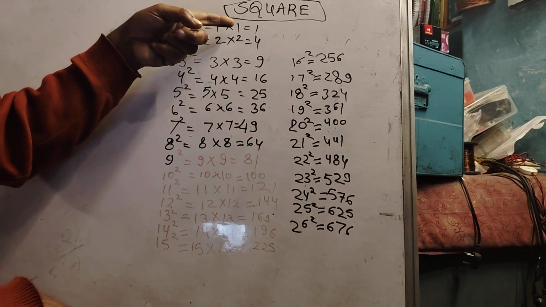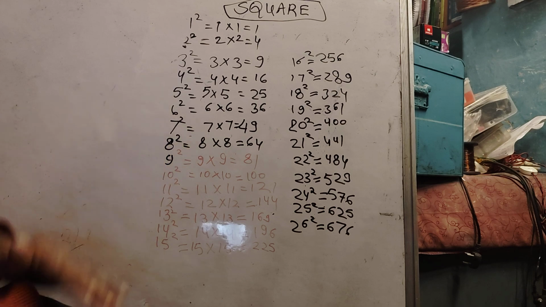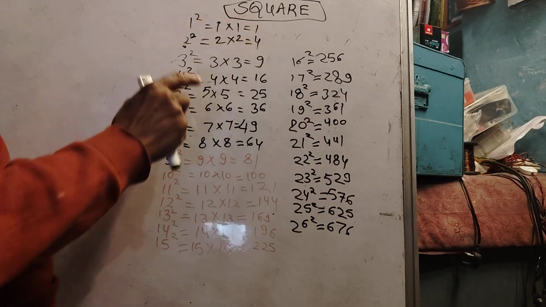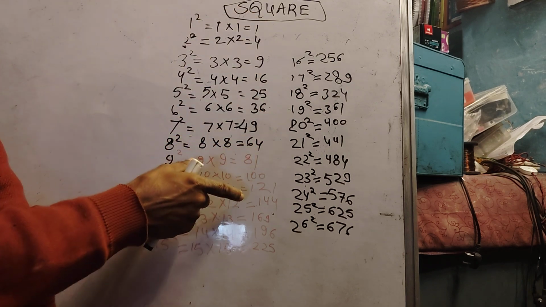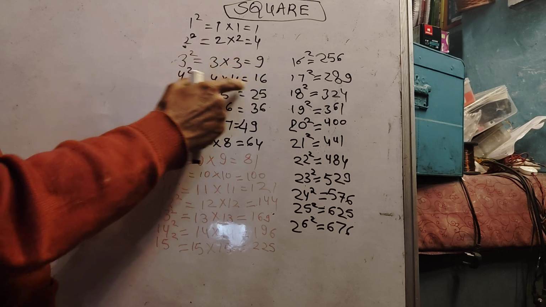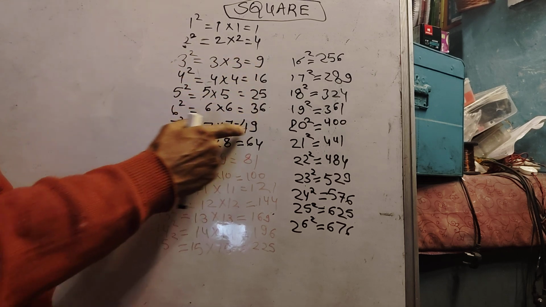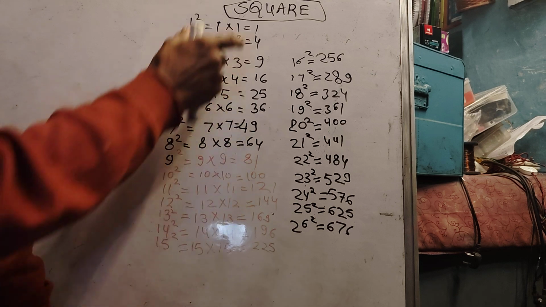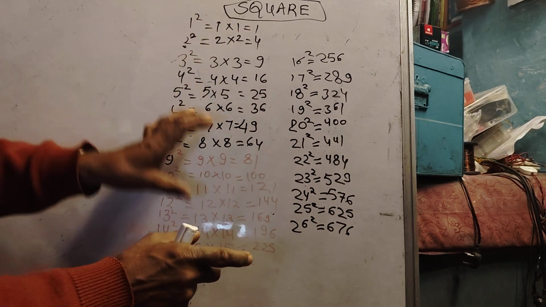Okay, so again look, the background is the same as a poem, and in the background we can remember it. So from 1 to 10 we can say 1 1, 2 and 4, 3 9, 4 1 6, 5 2 5, 6 3 6, 7 is 49, 8 6 4, 9 8 1, 10 is 100.